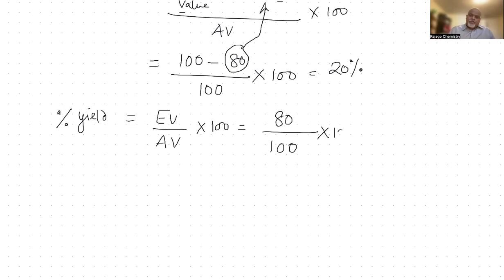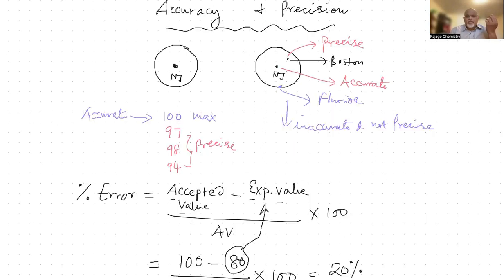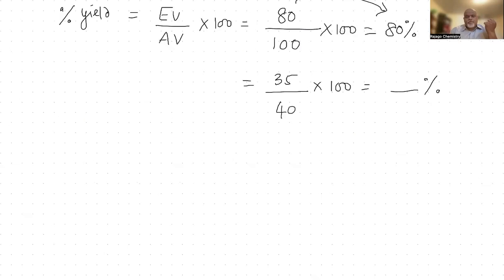Multiplied by 100 is once again 80%. So what you got is only 80%. This can vary. This is not going to be 100. Let's say the overall test score is going to be 40, and you got a 35. You have to multiply by 100 to get the final value. So these are very important things we use in chemistry, and you should be aware of these fundamental concepts.